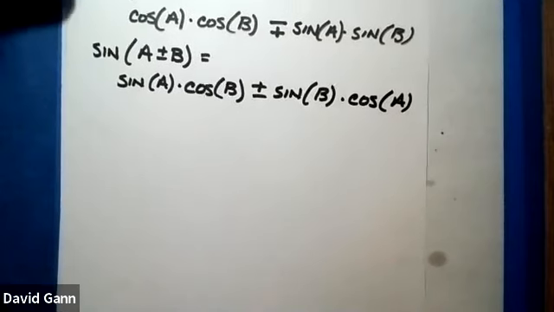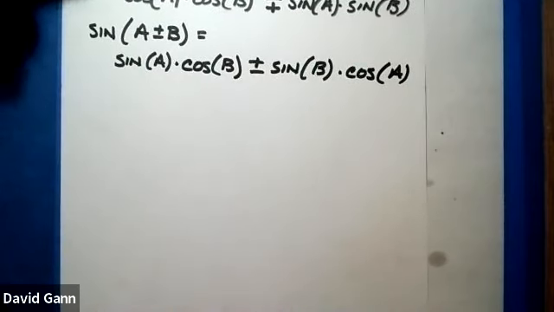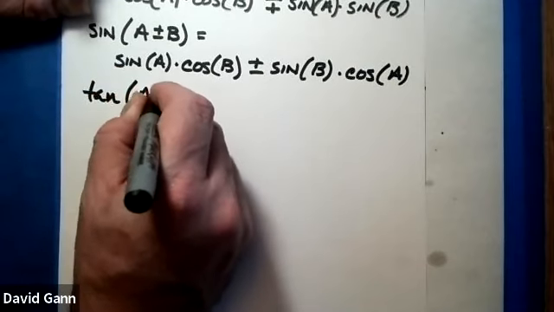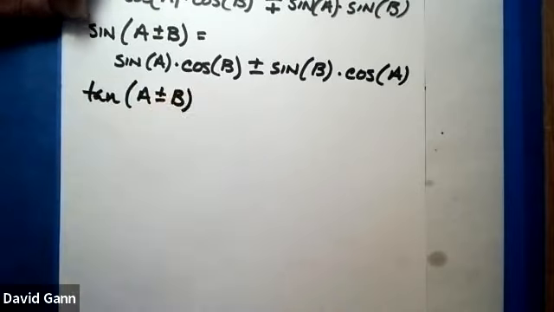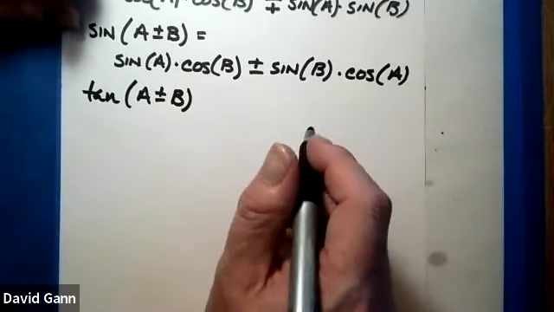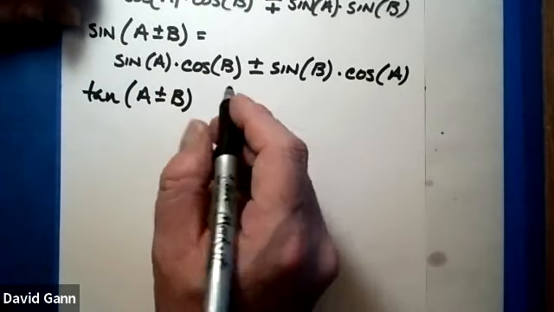And then we further derived the relationship for the tangent of a sum or difference. This one's a little more compact, but it has a fraction in it.